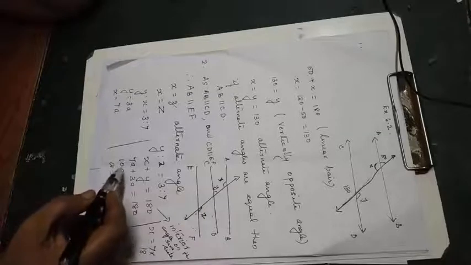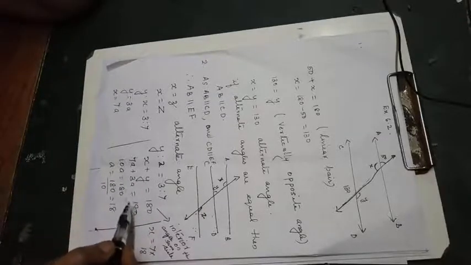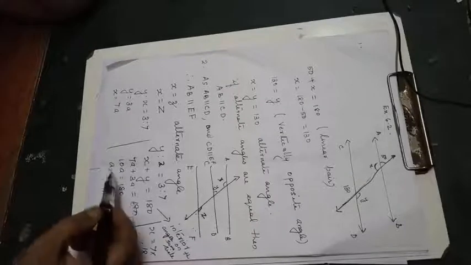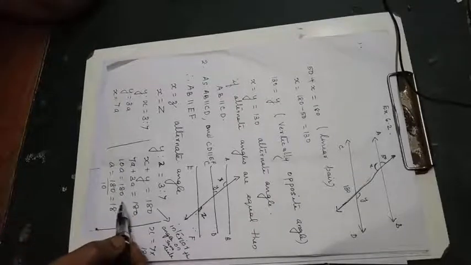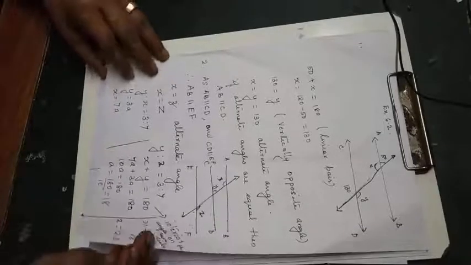Okay, so x plus y is equal to 180. What is our x? 7a. And what is our y? 3a. That is equal to 180, or 10a is equal to 180, or a is equal to 180 divided by 10, that is equal to 18. Now what is our x? 7 into 18, that is equal to 126.